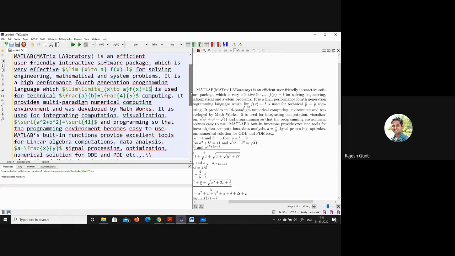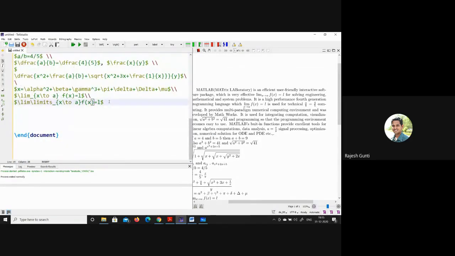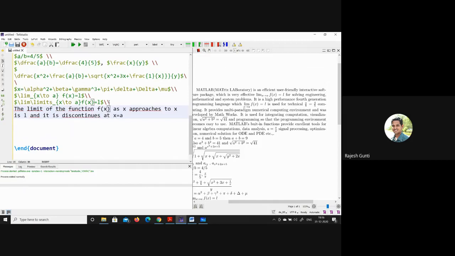Okay, so here I want to write some running matter. The limit of the function f of x as x approaches a is L, and it is discontinuous at x is equal to a, for example.